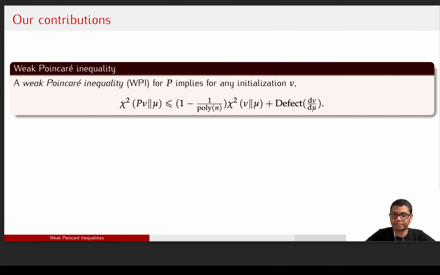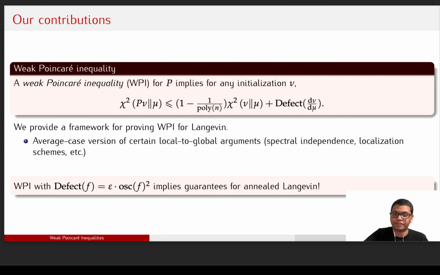And of particular interest to analyzing Markov chains from average case initialization or for analyzing simulated annealing, we prove that if your distribution and Markov chains satisfy a weak Poincaré inequality where the defect function is some tiny epsilon times the oscillation of the function f squared, then it implies guarantees for the annealed version of Langevin diffusion.